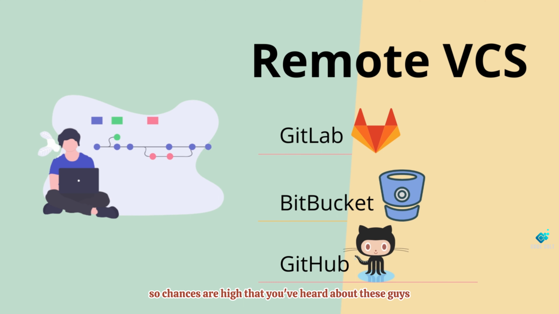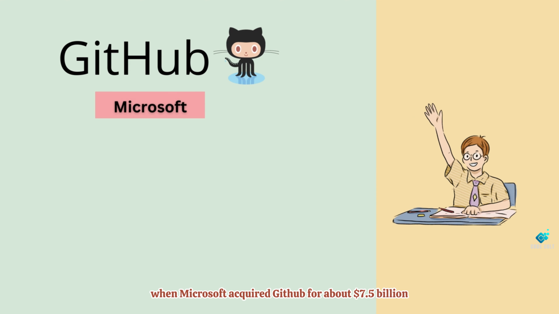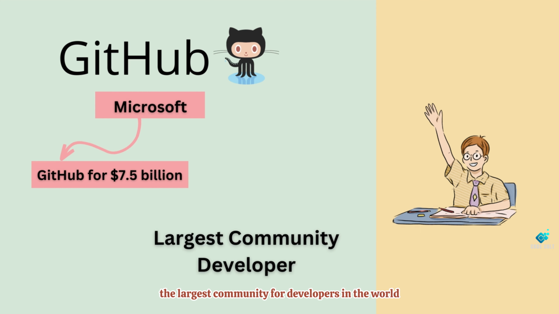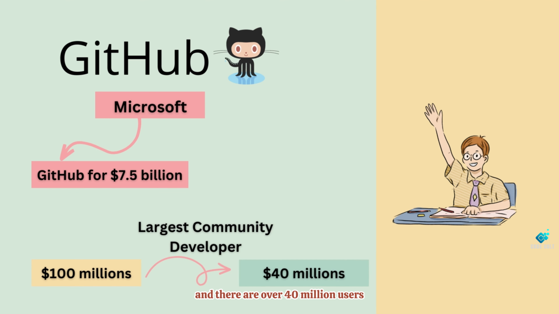So chances are high that you've heard about this guy at least once. I mean, there was a lot of buzz when Microsoft acquired GitHub for about $7.5 billion. Pretty amazing, right? Aside from that, GitHub is also considered to be, at least for now, the largest community for developers in the world. As a matter of fact, there are over 100 million repositories on GitHub and over 40 million users.